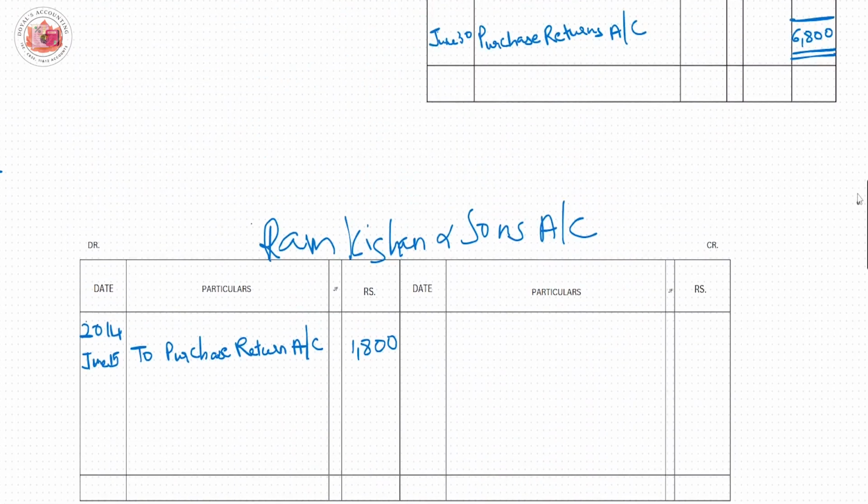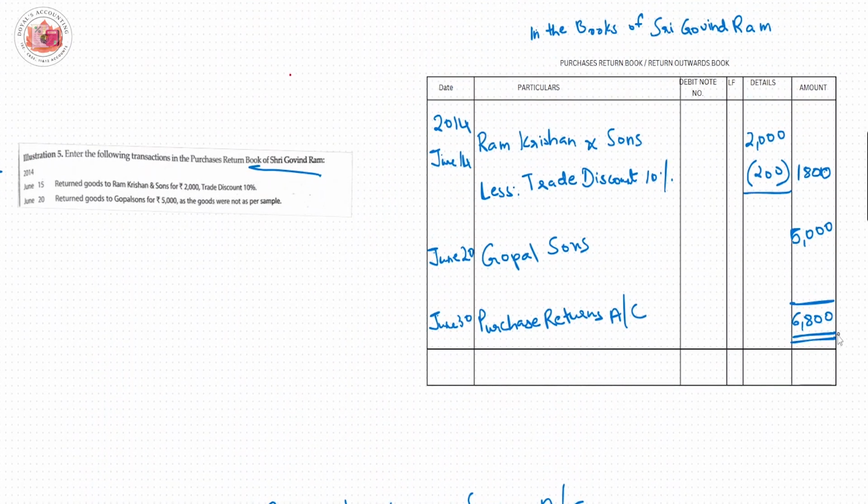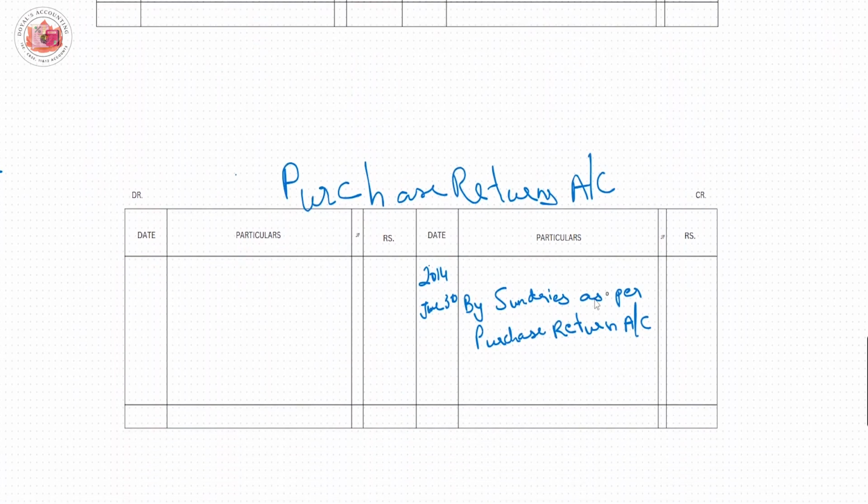So what is the total in my purchase return book? 6,800, on June 30th. So this amount will get posted in my purchase returns account on the credit side, 6,800.